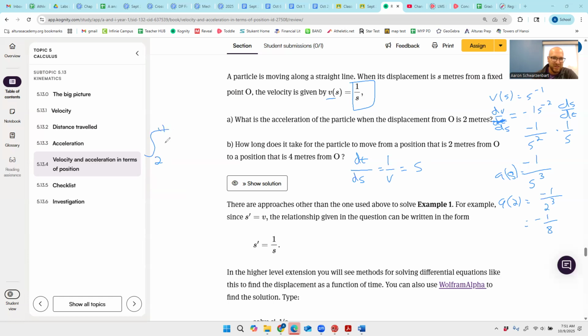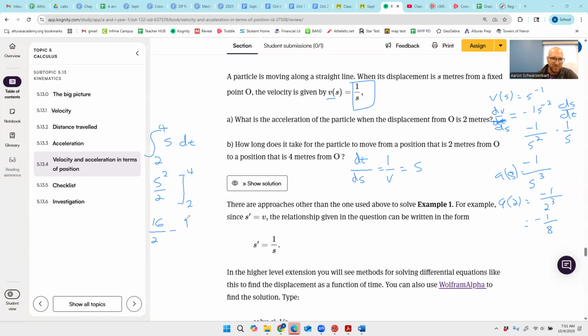I will integrate my dt ds function from 2 to 4. And I get s squared over 2. I plug them in. I square 4, I get 16 over 2.